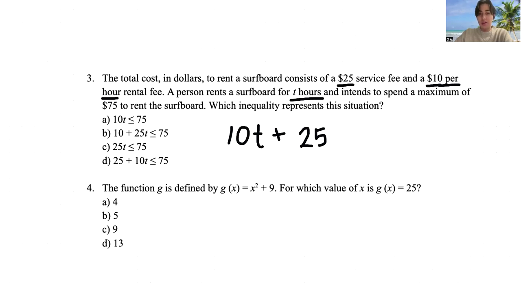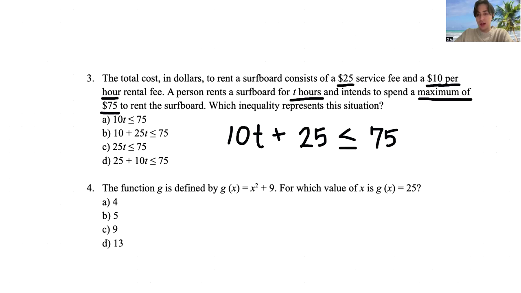Now, the person here wants to spend a maximum, keyword is maximum, of $75. Maximum implies that he wants to spend no more than $75. He wants to either keep it at 75 or less. So that means that the inequality symbol has to be the less than or equal to sign.